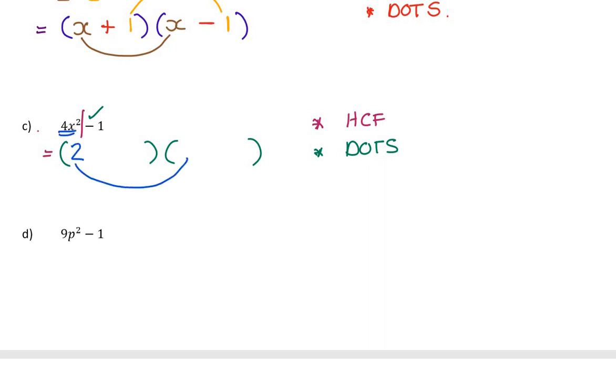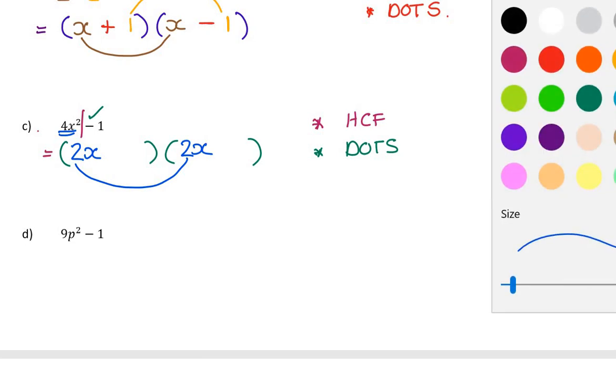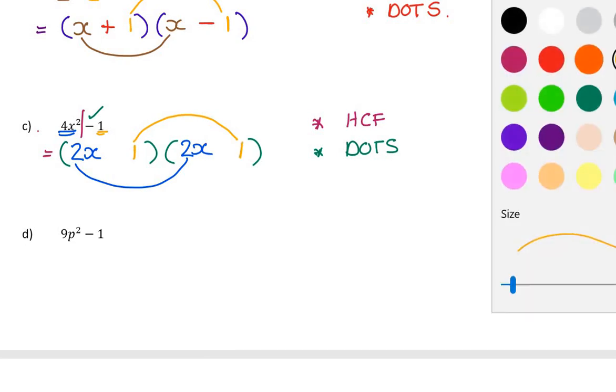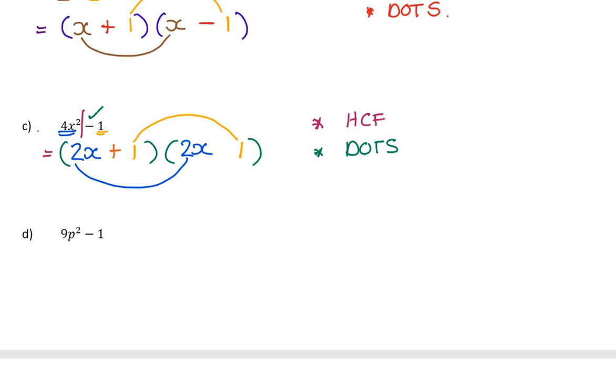It'll have to be 2 and 2. What times itself gives me x squared? X and x. Right, what times itself will give me 1? What's 1 times 1? Now, signs, one's a plus and one's a minus, simply so that the middle terms will cancel and that when you multiply your ones together, you actually get -1.